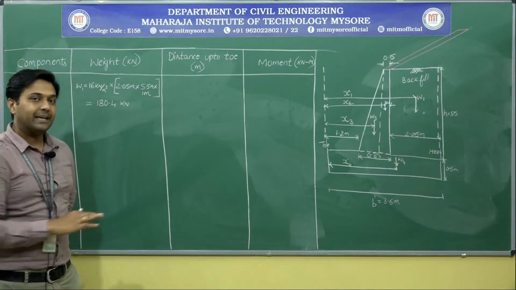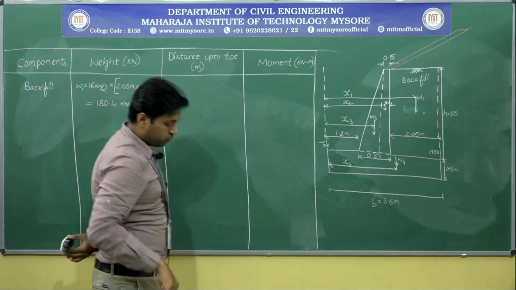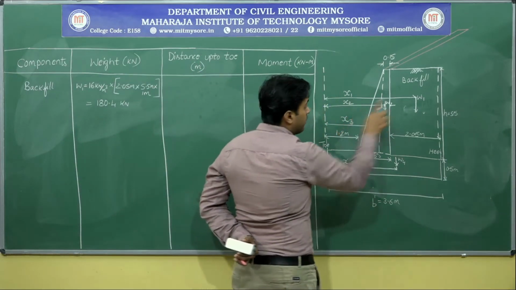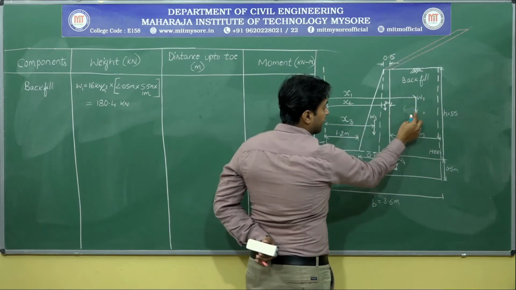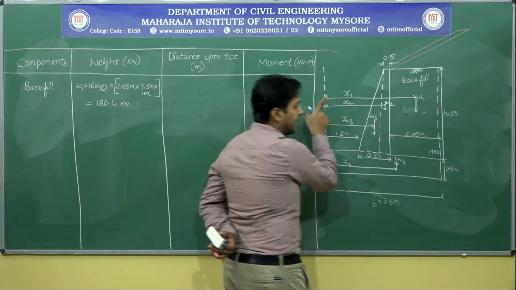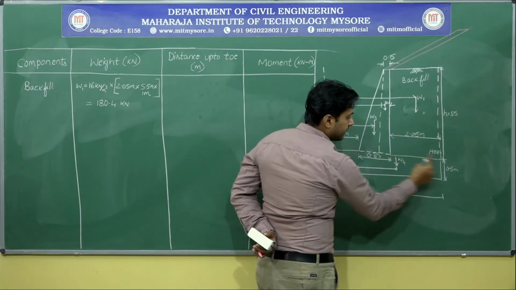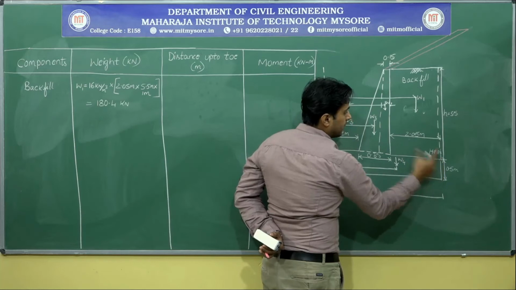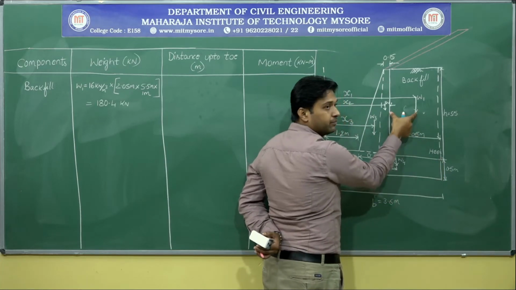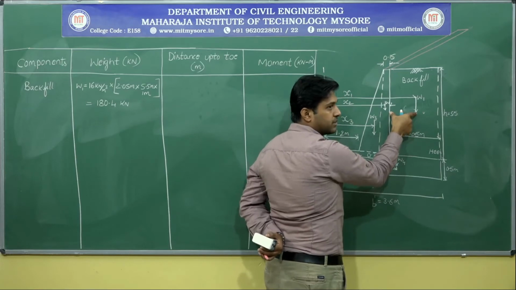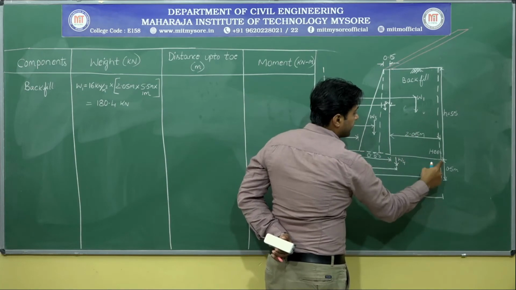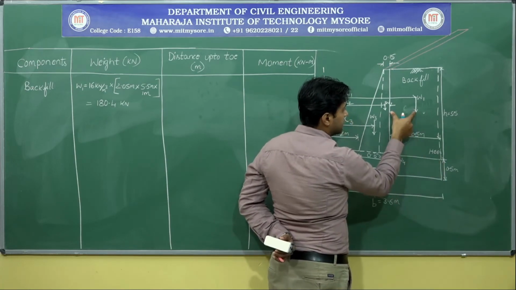Okay, now let me calculate. What is the distance up to the toe? For W1, from here till here, what is the distance? It's very easy to calculate. Observe here. What is this width? This is 2.05. Half of it will give me this distance, using the centroid concept. Remember the centroid concept? Total is 2.05, half of it will give me this distance.